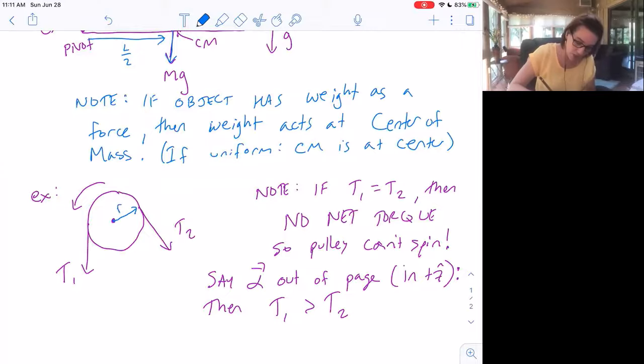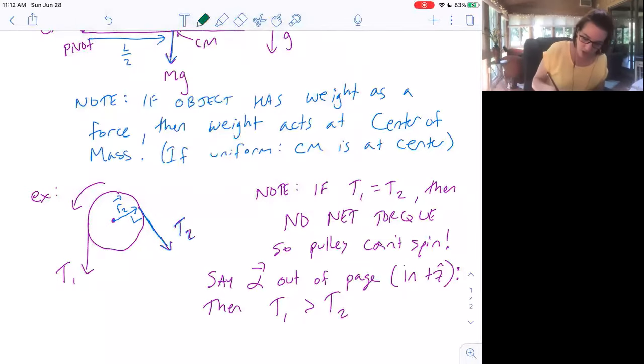That would be for T2. That would be my so-called lever arm, the distance from the pivot to where the force is applied, the R in R cross F. And it's always perpendicular to the tension because it's going to be tangential. The tension is always coming off tangentially, right? So that's going to be T2.